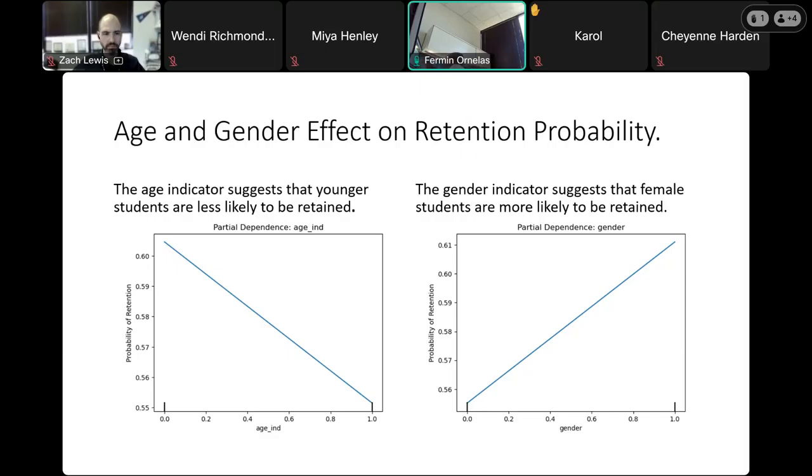Why do we have a positive relationship? Because many of the students are women, and we know that women tend to go to college more than male students. So it's not a surprise that the relationship between the outcome and the gender indicator is positive.